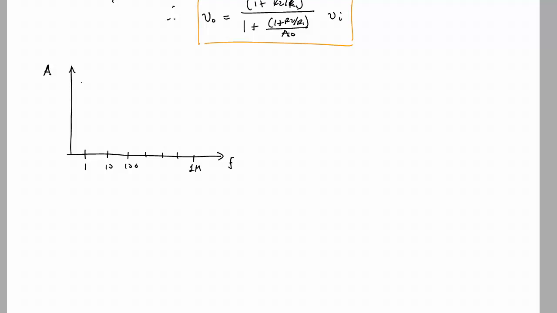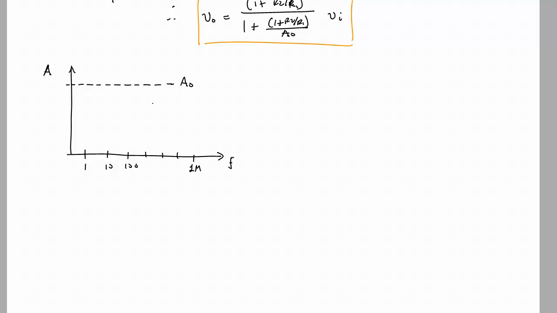An ideal finite gain op amp is going to have a gain that's just A naught, regardless of the frequency. So this frequency scale signifies the frequency of excitation. So if you put in a sine wave to this op amp and you ask the op amp to process that, what will the open loop gain be that the op amp can actually make available?